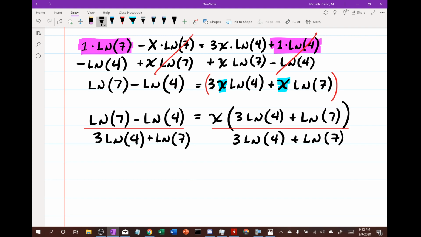Got it. And then these cancel out. So what we have here is x equals this whole thing.